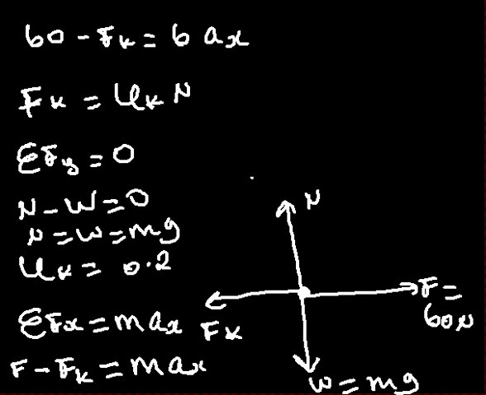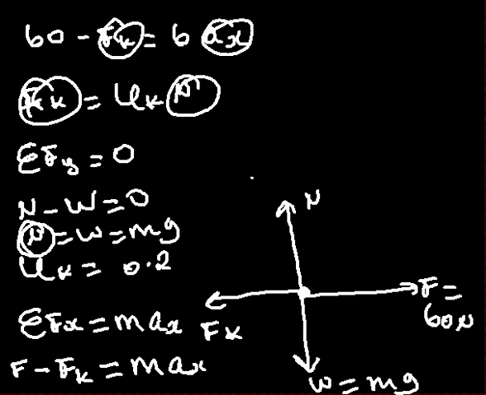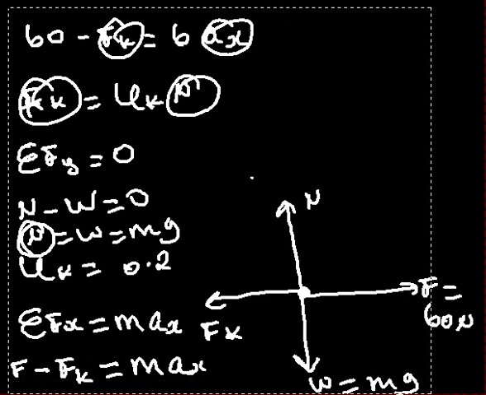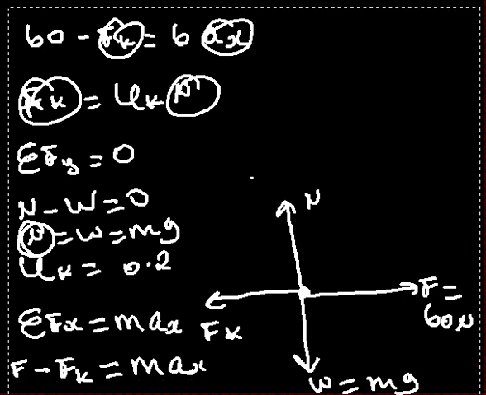Now you have the normal force; you put it in to get Fk, then put that into the equation and solve for the acceleration. That's how you should understand it. Upon having the acceleration, we can find the distance traveled, final velocity, and so on using the equations of kinematics. So that's how you should understand this case of motion.